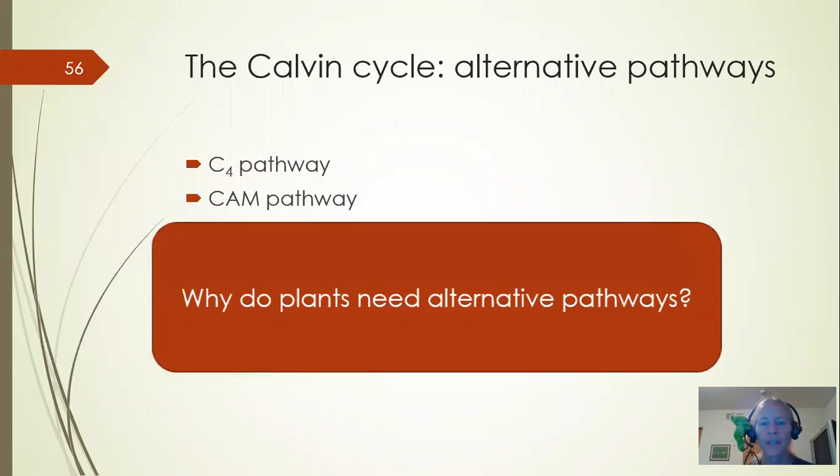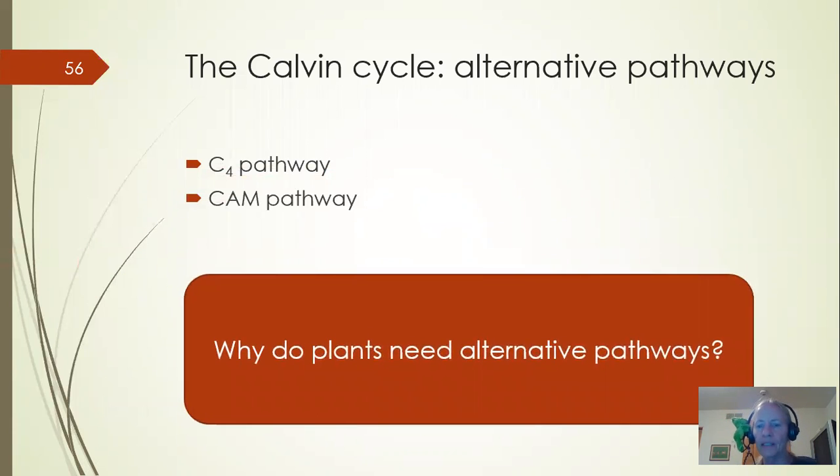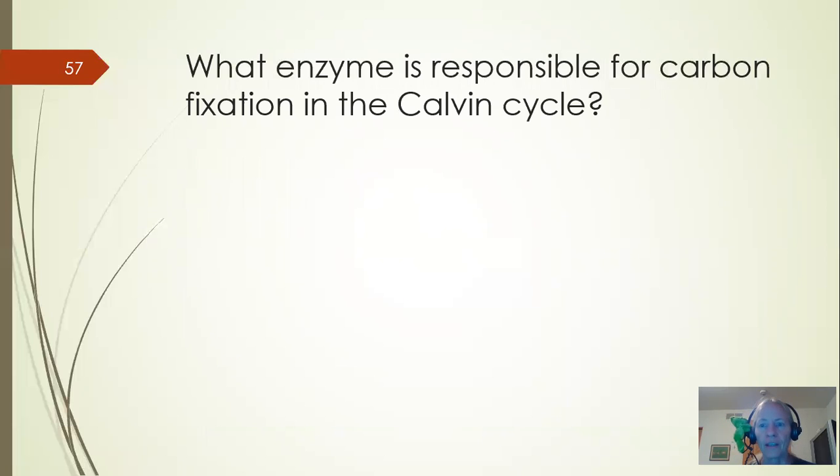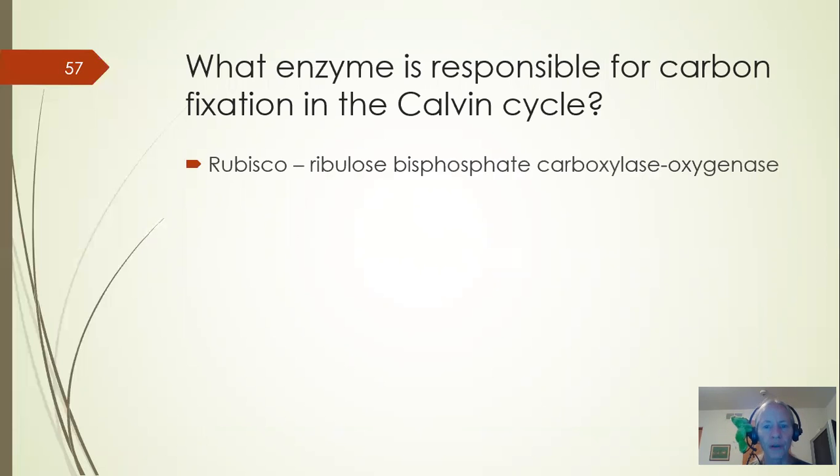In order to understand why plants need alternative pathways in addition to the C3 Calvin cycle, it's important for us to understand the main enzyme that's responsible for carbon fixation. That enzyme is called Rubisco, which is short for ribulose bisphosphate carboxylase oxygenase.